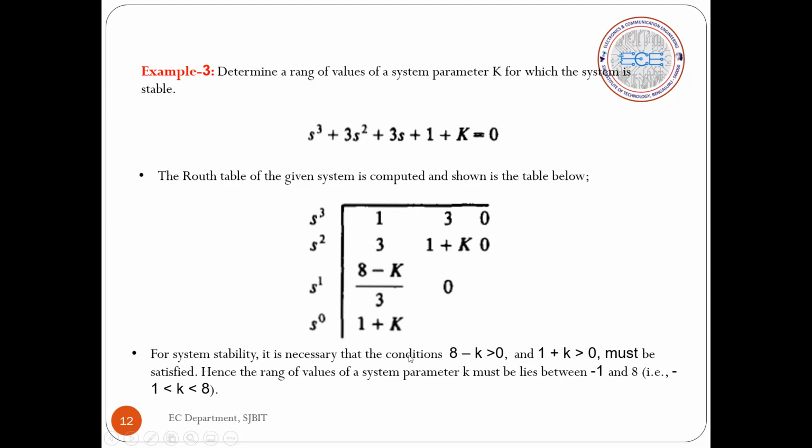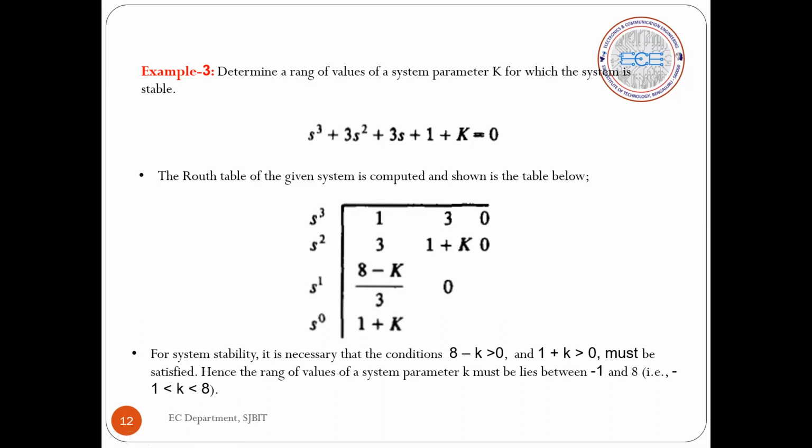Now for the system to be stable, there should not be any sign change in the first column. If there is no sign change in the first column, then this term should be greater than 0, and again this term should be greater than 0. So 8 minus k has to be greater than 0, and 1 plus k must be greater than 0.